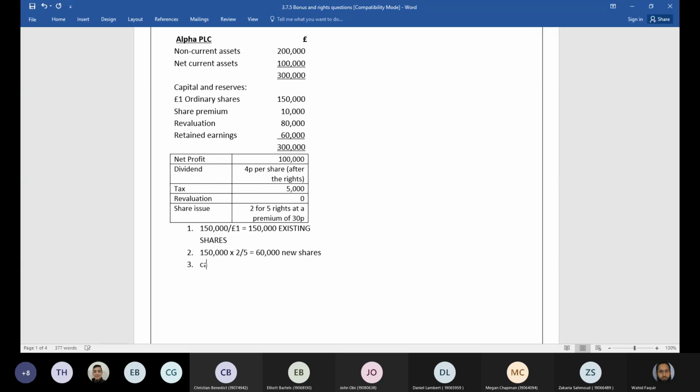Third thing, the capital raised. That's going to be the new shares times by how much we're selling it for. Well, it says a premium of 30. Let's not get mistaken here. A premium is anything above the nominal value. The nominal value was £1, so it's not 30p that we're multiplying it by.